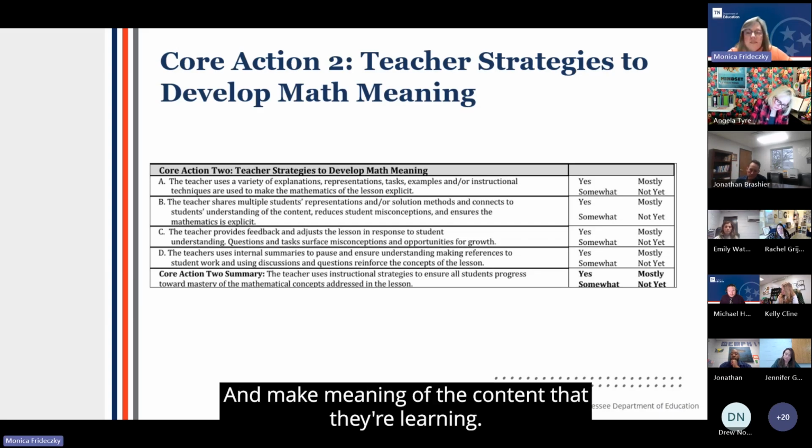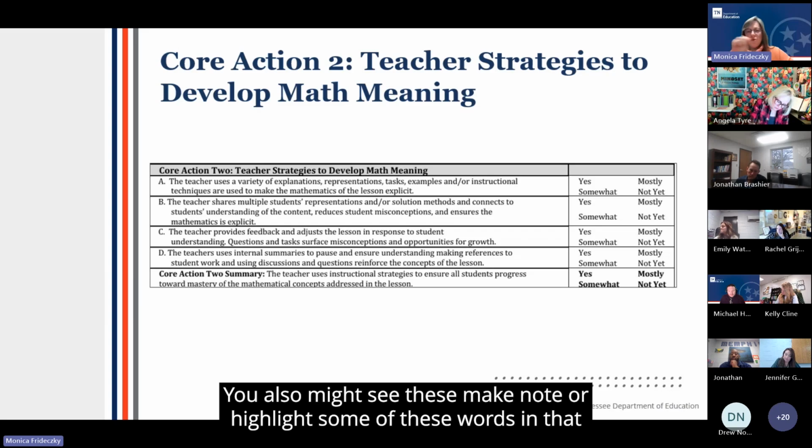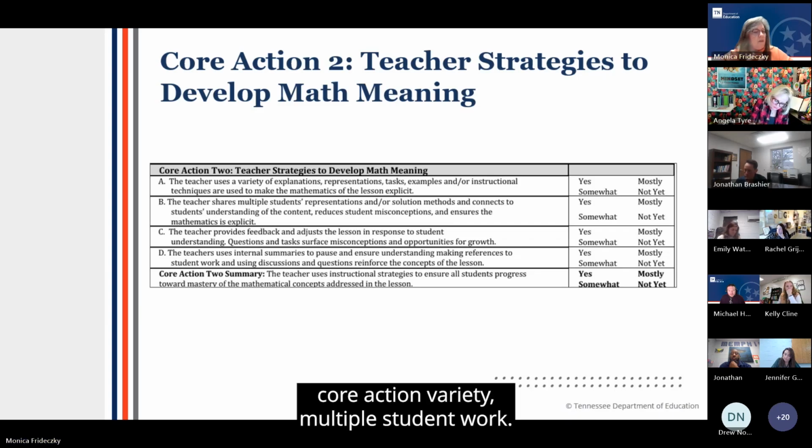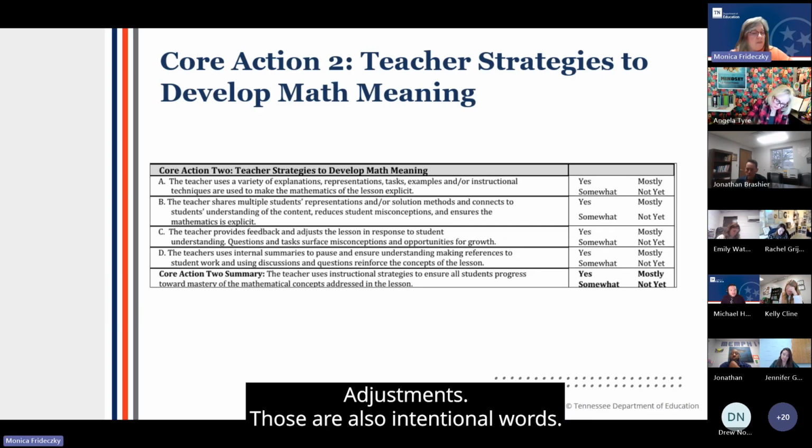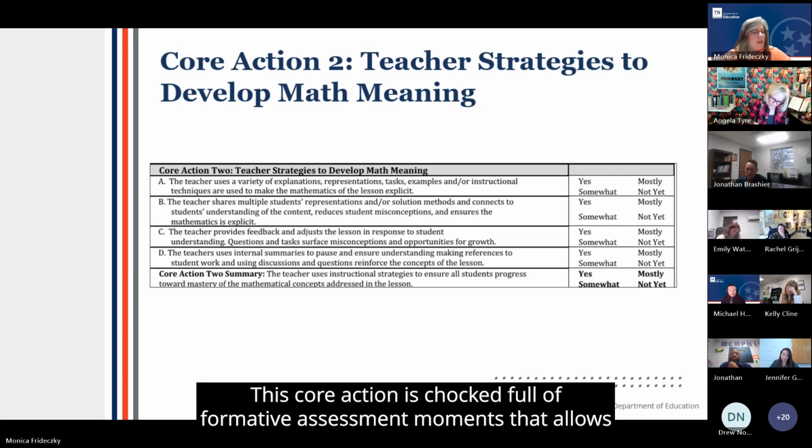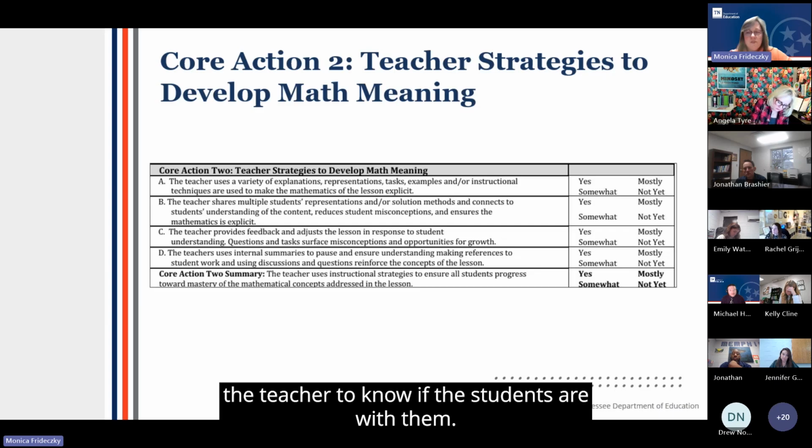You also might see these words, make note or highlight them in that core action: variety, multiple, student work, adjustments. Those are also intentional words. This core action is chock full of formative assessment moments that allow the teacher to know if the students are with them.